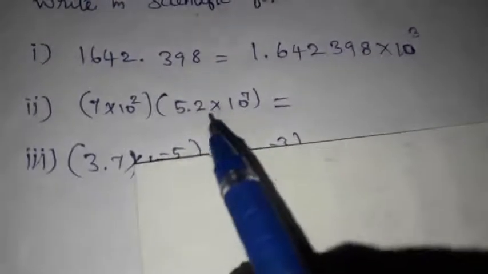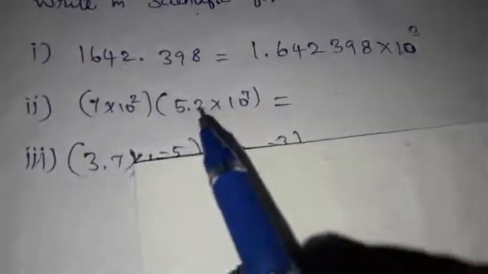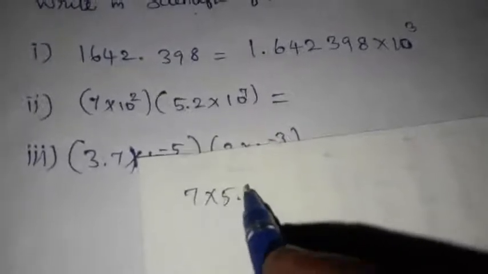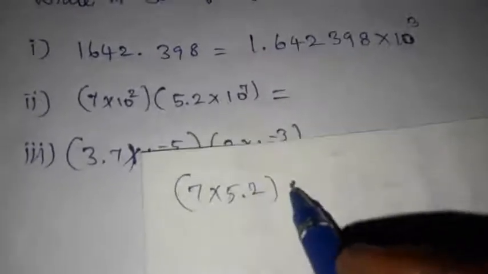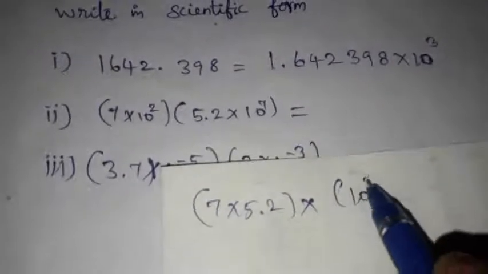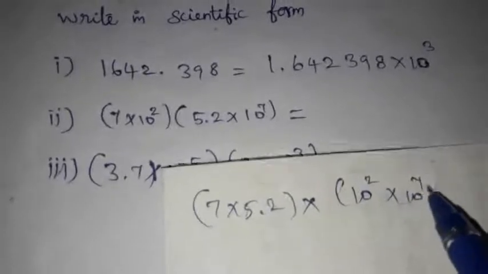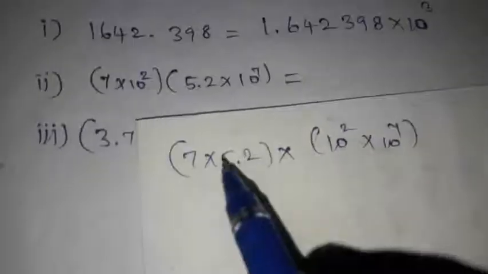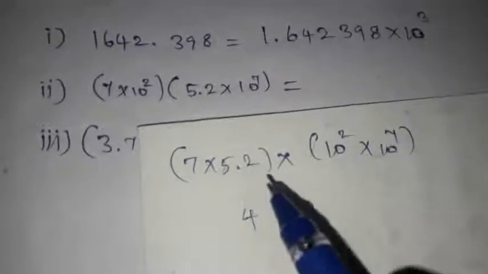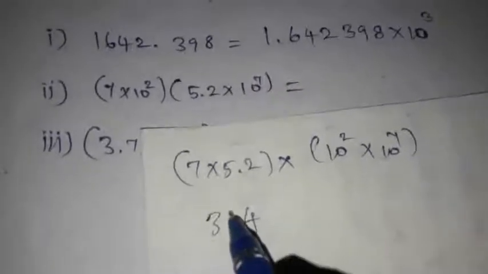For the second question, you have to multiply the numbers first, 7 into 5.2, and then you have to find the value of the exponents, 10 square into 10 to the power 7. 7 2s are 14, remaining 1. 7 5s are 35. 35 plus 1 equal to 36.